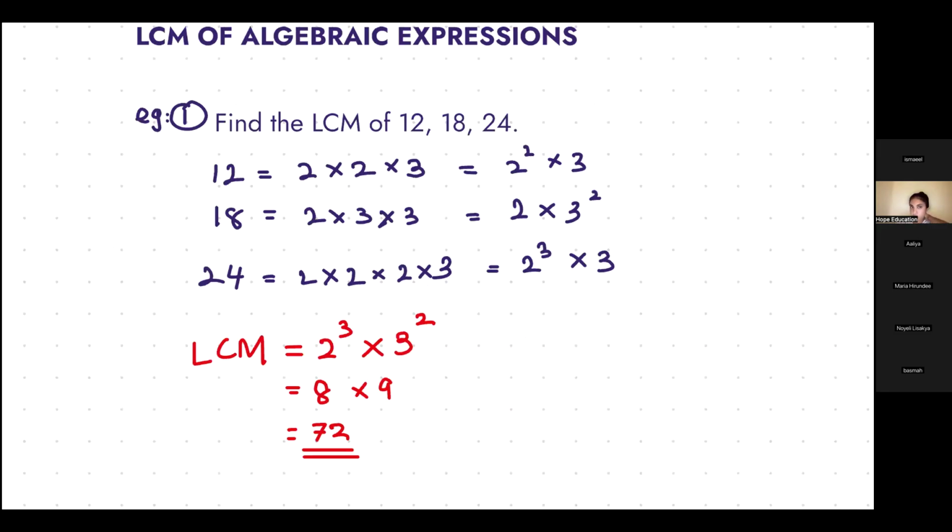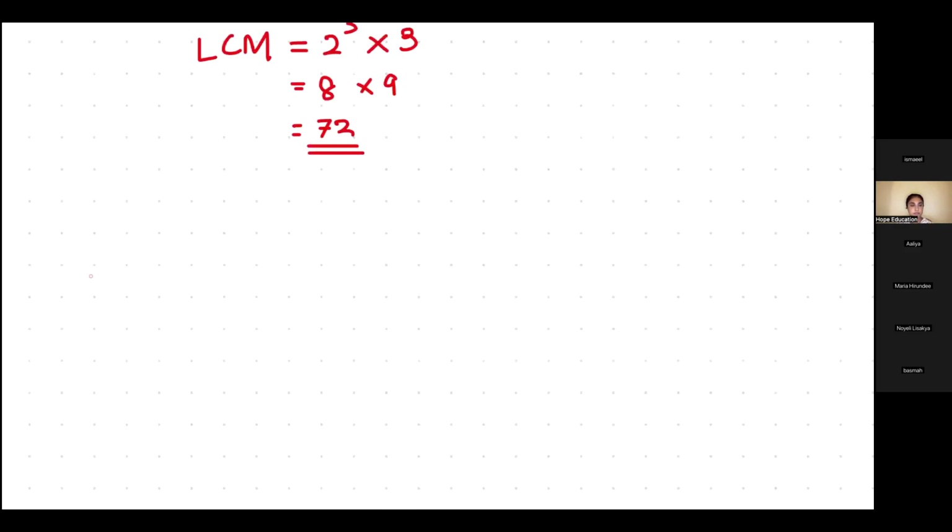Then if I ask you, as example 2, pretty simple. Find the LCM of 24, 36, 48. Can you all quickly find the LCM of these three numbers? Make it fast.